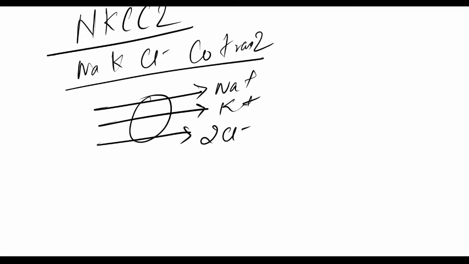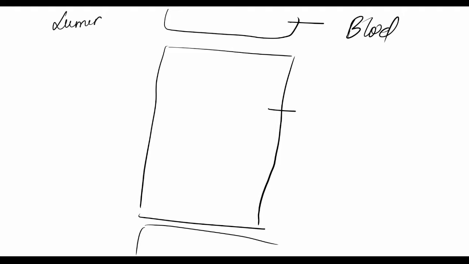Now the mechanism of the cell will be something like this. Let's consider this to be the cell of the thick ascending loop, and this is another cell. This is the interstitium, that's blood, and this is the lumen, which is containing the urine.